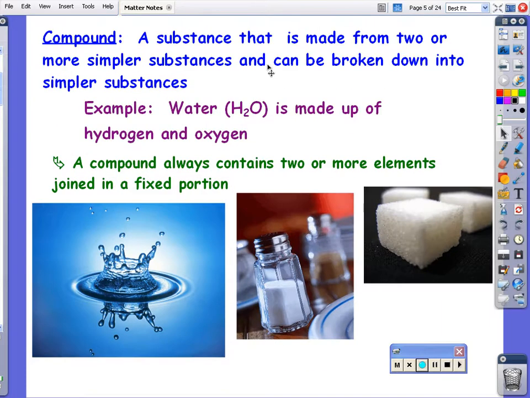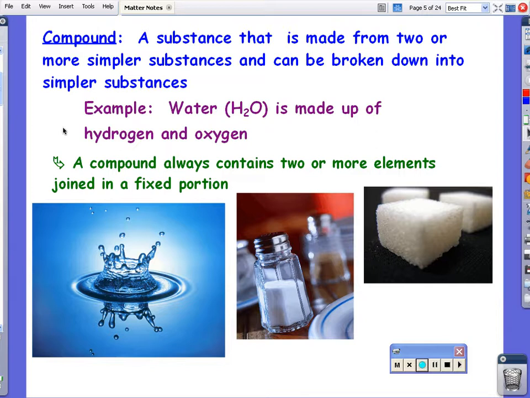Let's see. On the compounds. A compound is just a combination of at least two or more elements. It has to have at least two or more. That's why it's called a compound, just like a compound word, a compound sentence. It's a little bit more complex than just the element.